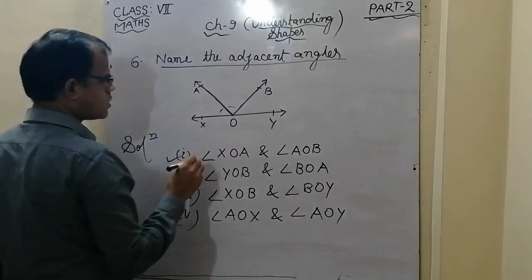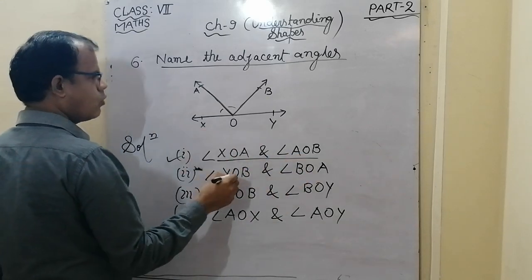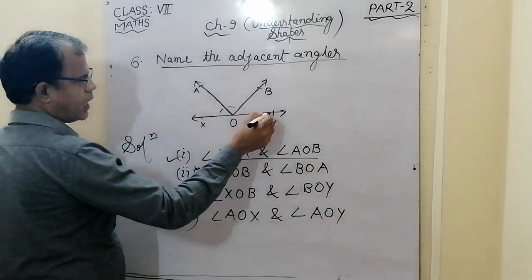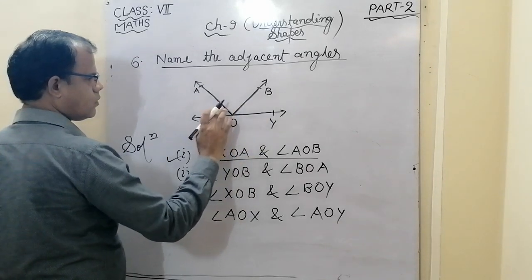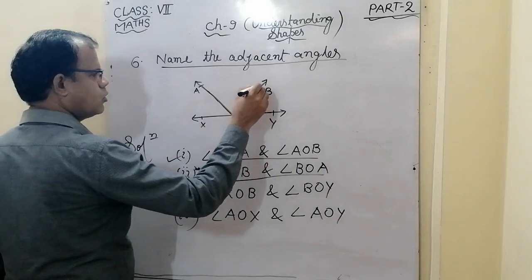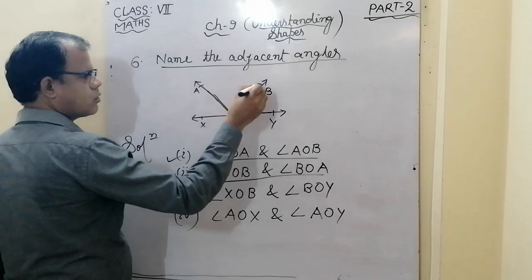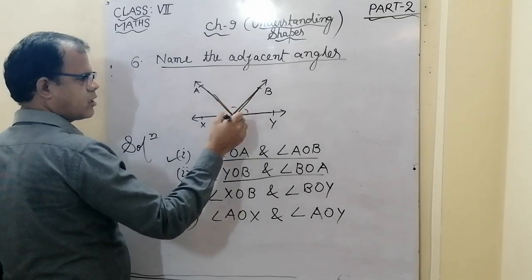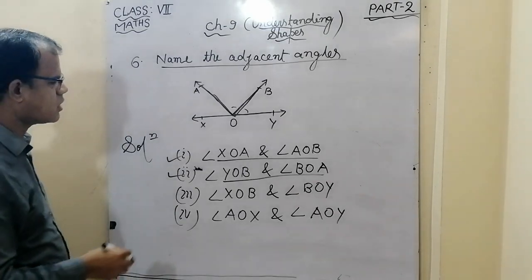So this is the first pair of adjacent angles. Next, YOB, this angle, and BOA, this angle. So both these angles have common side OB. So this is also a pair of adjacent angles.